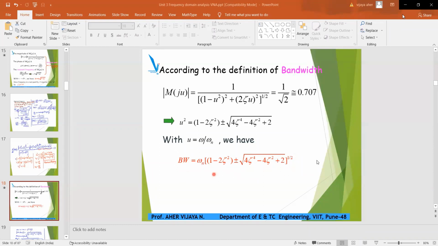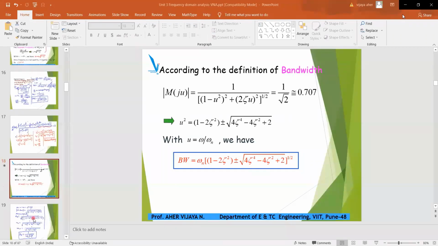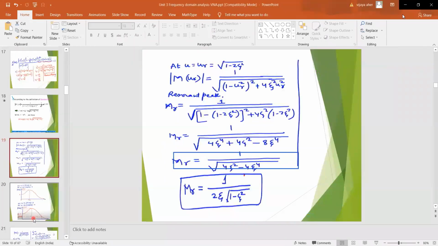This is the equation for bandwidth you have to remember. So please write this equation, students. This is the equation for bandwidth according to the definition of bandwidth. Are you with me? Any doubt? Let me explain now.